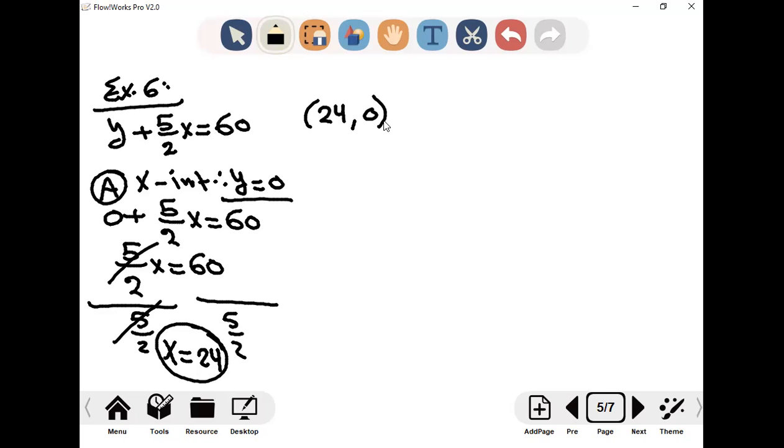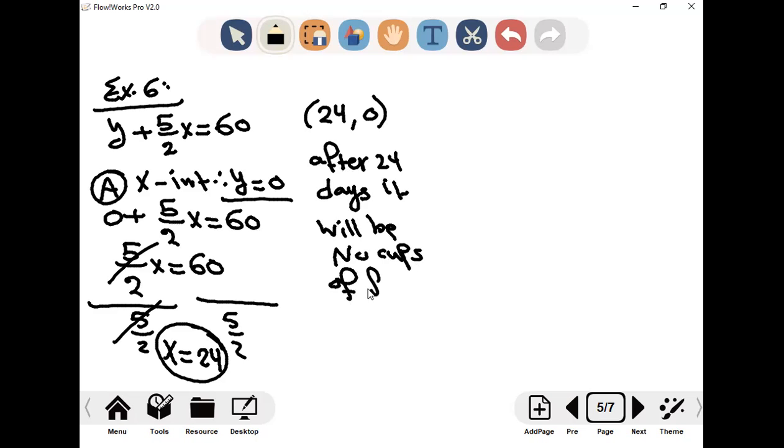So after 24 days there will be no cups of food left in the bag, right? Because x is the number of days, y the number of food cups, okay?